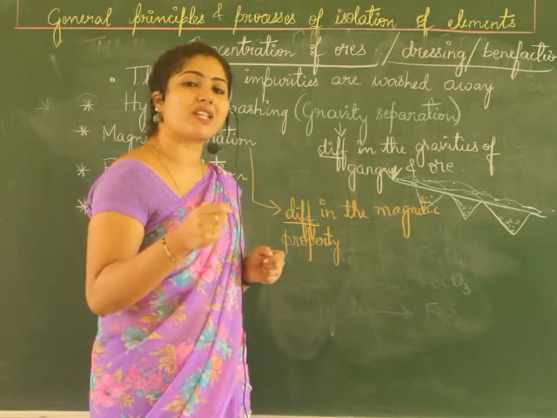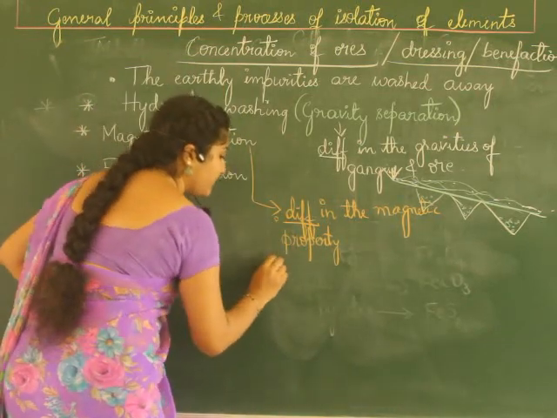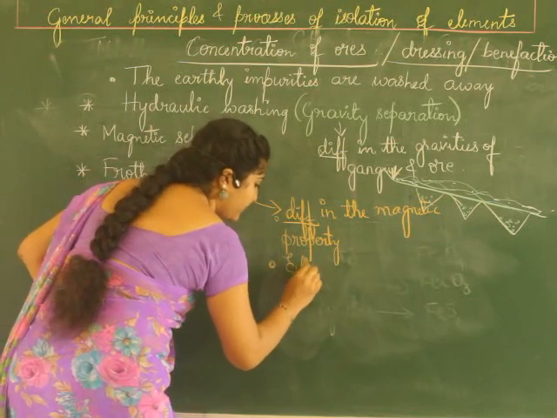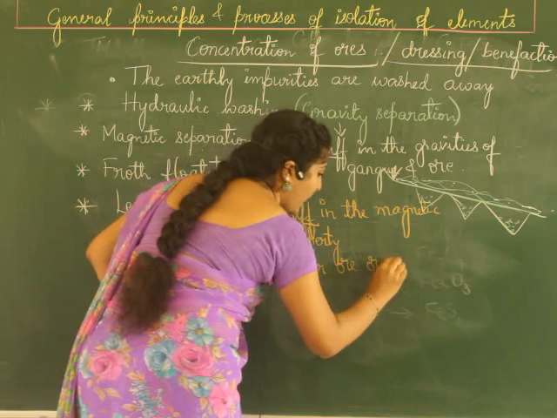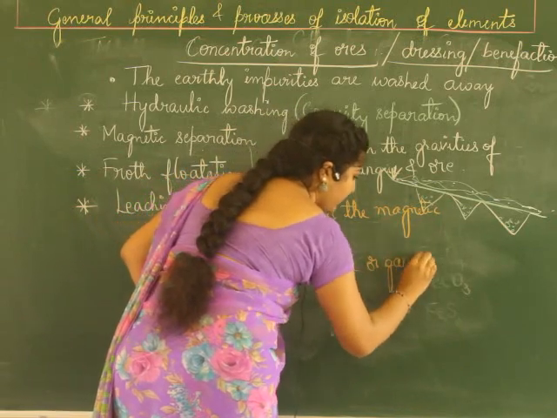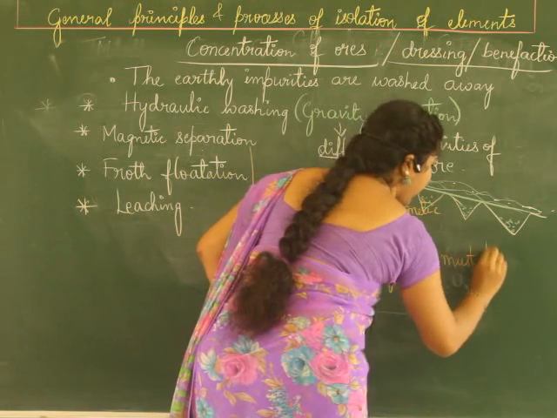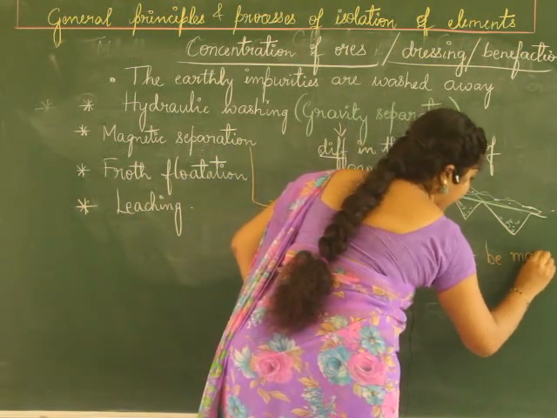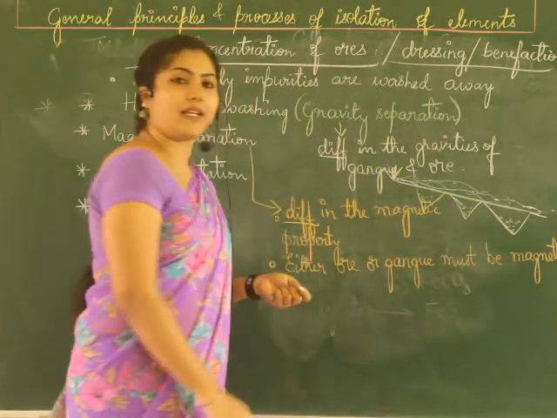Magnetic substance means which gets attracted by magnets. What is the condition? Either ore or gangue must be magnetic in nature.